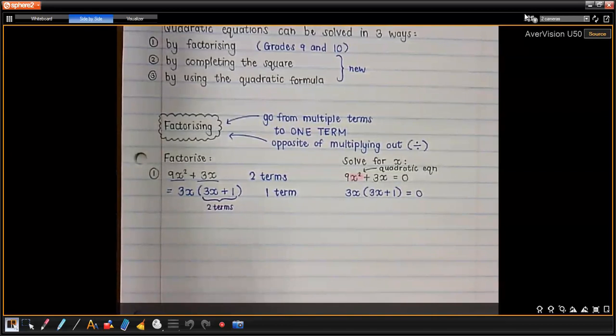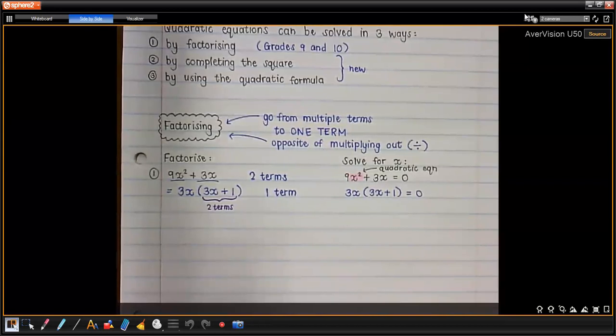Think about that. I'll say it again a couple of times. The only way to get 0 as an answer when multiplying two things together is if the first thing is equal to 0 or the second thing is equal to 0. Right? Think about it. If you have 0 times 2, what's the answer? 0 times 2 is 0. If you have x times 0, what's the answer? 0.